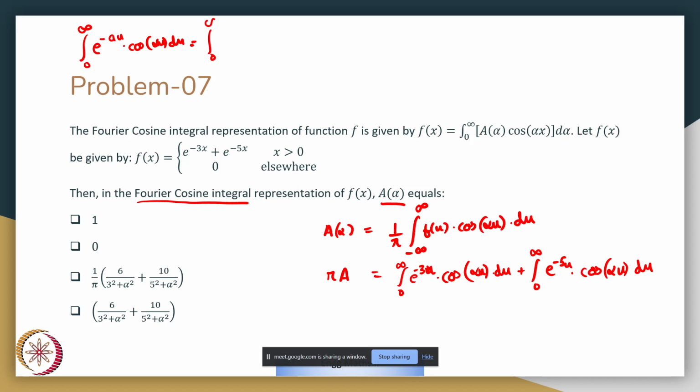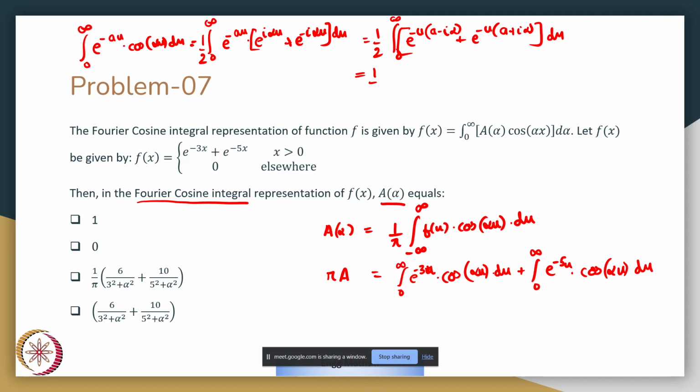Again, I'll rewrite cos of alpha u as I've written previously, to be half of e raised to i alpha u plus e raised to minus i alpha u, into du, which is half of the integral 0 to infinity of e raised to minus u times a minus alpha i plus e raised to minus u times a plus alpha i, du.